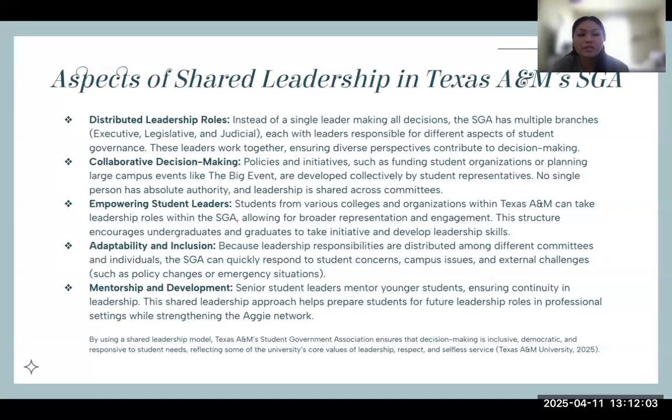In conclusion, the Texas A&M Student Government Association is a shining example of how shared leadership can benefit an organization, and it also helps ensure decisions that are inclusive, democratic, and effective, while empowering students to step into leadership roles and serve others. This model doesn't just make the Student Government Association stronger, but also reflects Texas A&M's core values of leadership, respect, and selfless service.